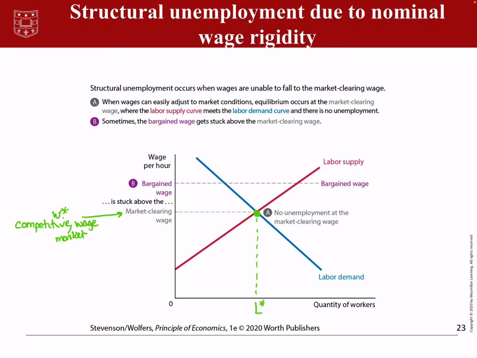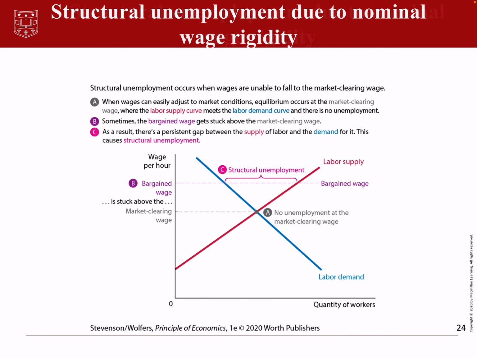So suppose the bargained wage is at this level that's denoted by B here. At the bargained wage, this is the quantity supplied of labor.